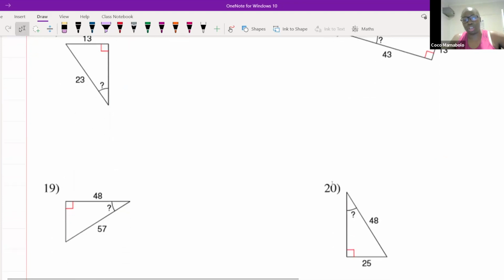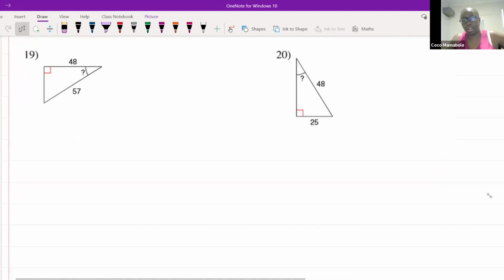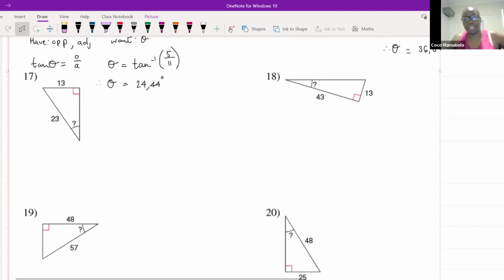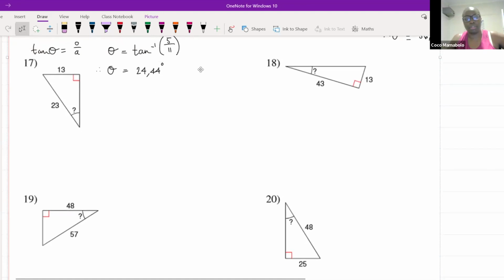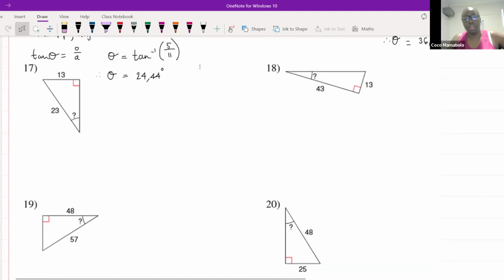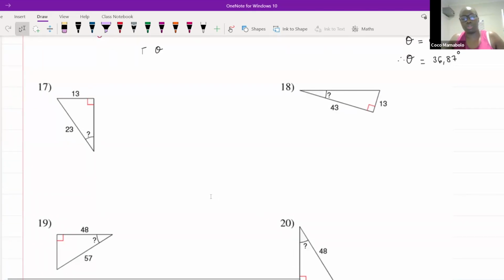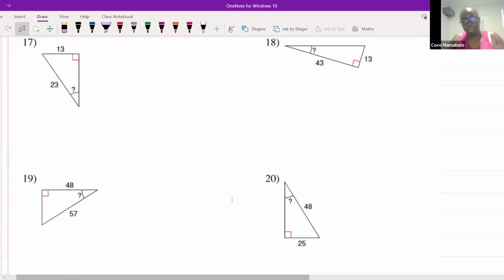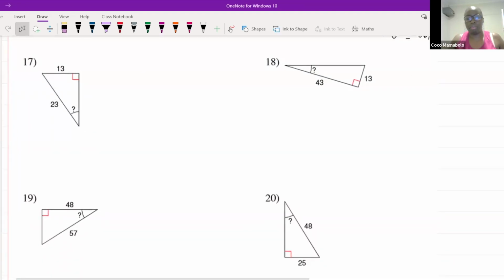Let me make this a little bit smaller so you can see them all at the same time. Okay, there's 17, 18, 19, 20. You can either take a screenshot or quickly do a rough sketch. I'm going to give everybody about a minute.